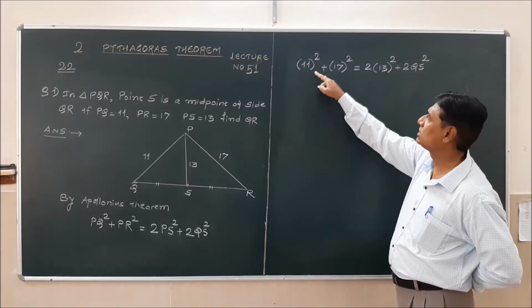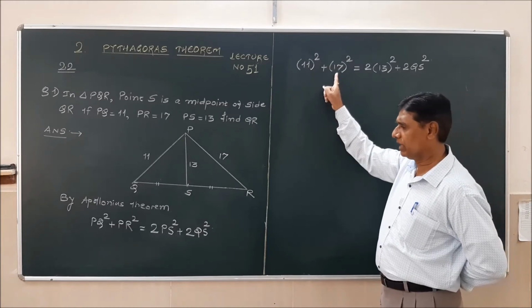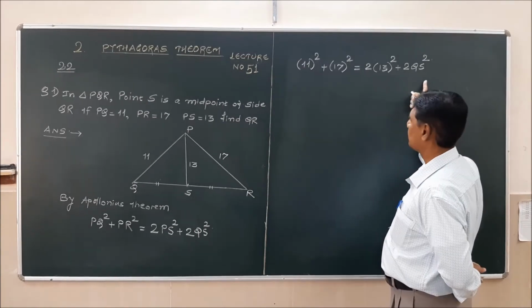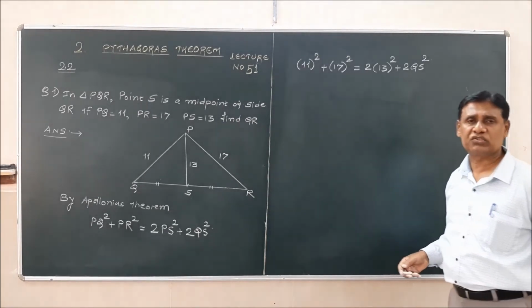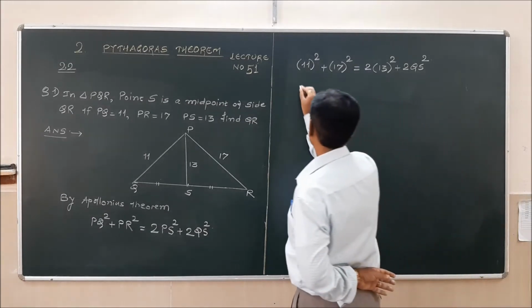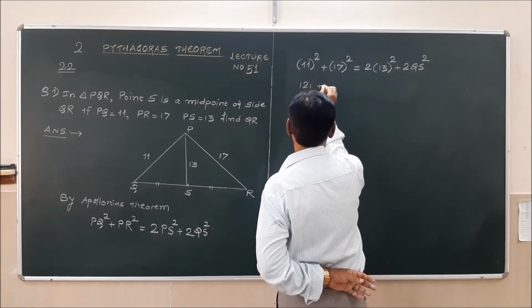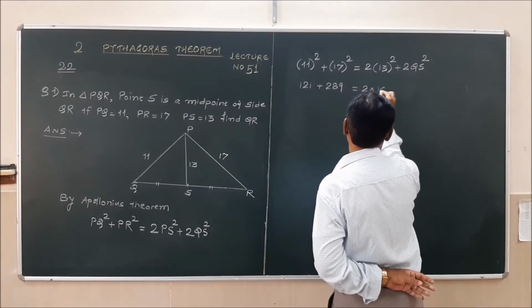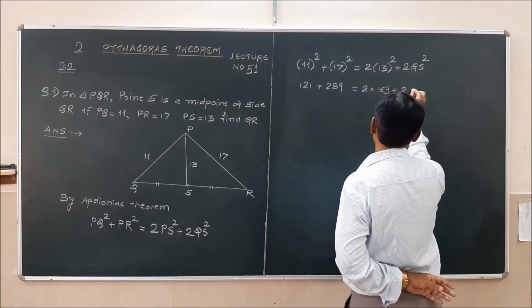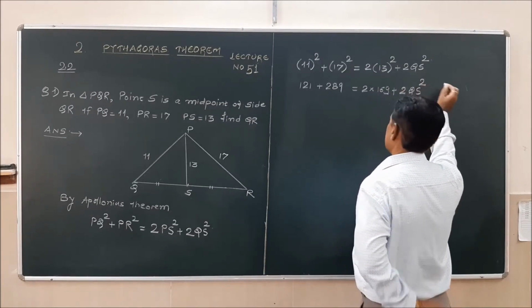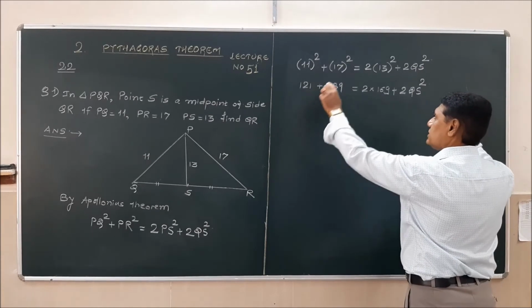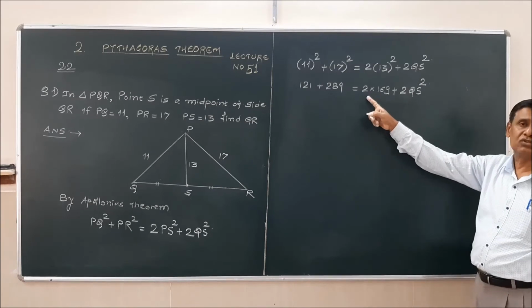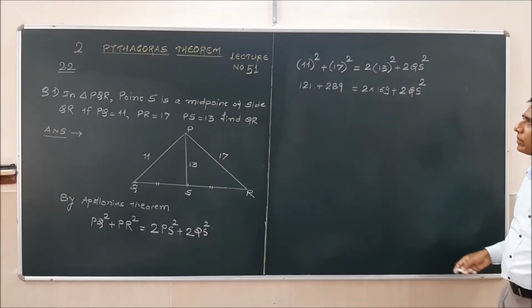Now 11 square is 121, plus 289, the square of 17, equals 2 into 169 plus 2QS square.